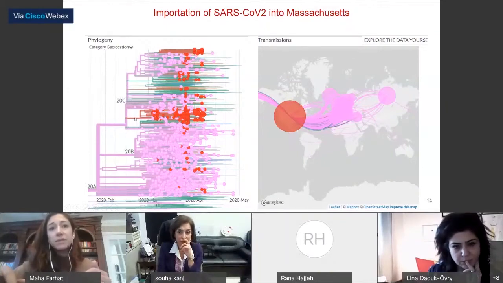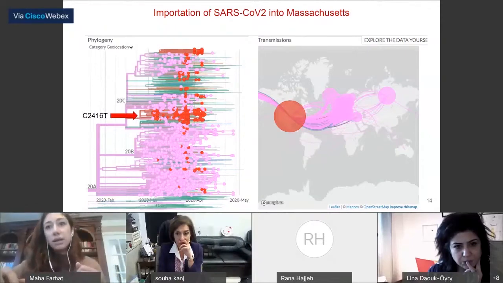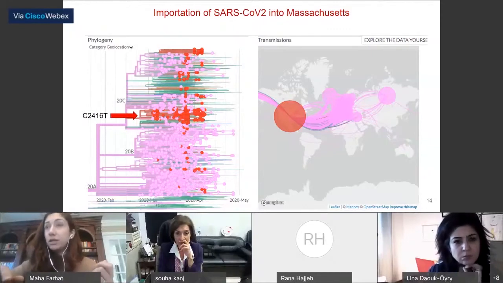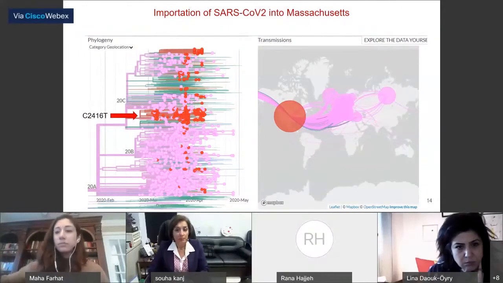And so I'm going to focus specifically on one particular group of isolates here that are marked by this mutation, C24160. Essentially, this set of mutations and these strains were first found in individuals who were infected at a business conference that happened in late February in Boston.